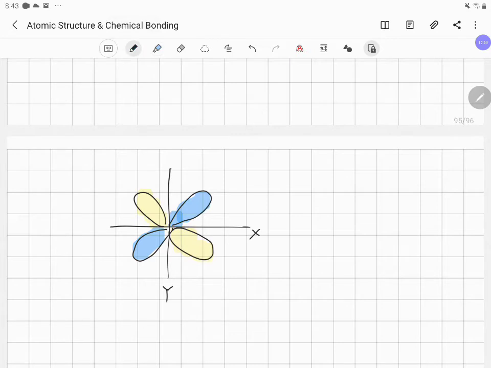And this orbital is known as the dxy orbital. For dxy, you can see that the lobes are in between the x and y axes.